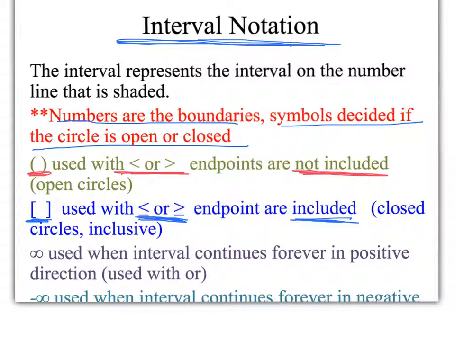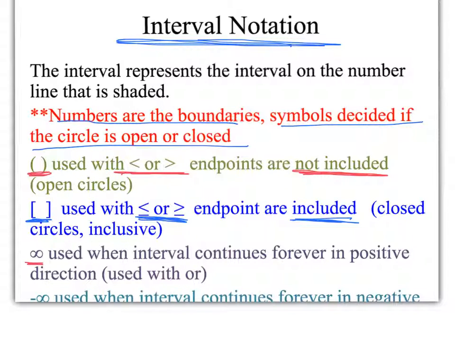Okay, this symbol right here that looks like a sideways 8, that's the infinity symbol, and that's used when the interval continues forever in the positive direction. And those are only used with OR inequalities, because remember how OR inequalities go in 2 separate directions forever.